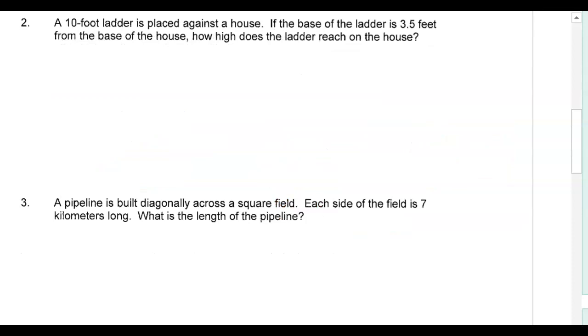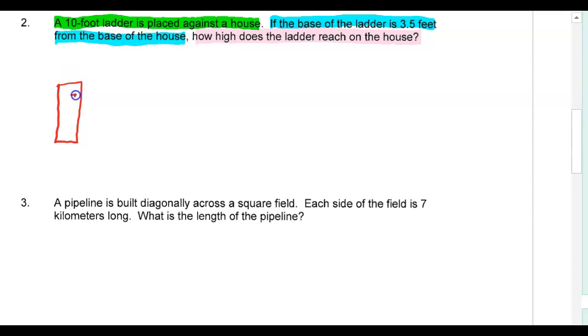Let's take a look at problem number 2. You're going to place a 10-foot ladder against the house. And if the base of the ladder is 3.5 feet from the base of the house, how high does the ladder reach? So I'm not much of an artist, but I will try to draw a house.